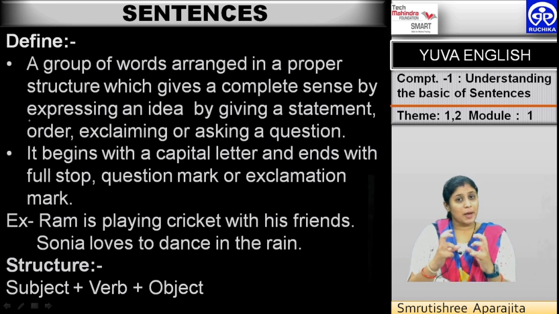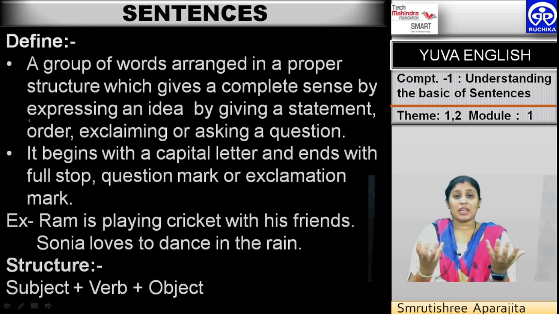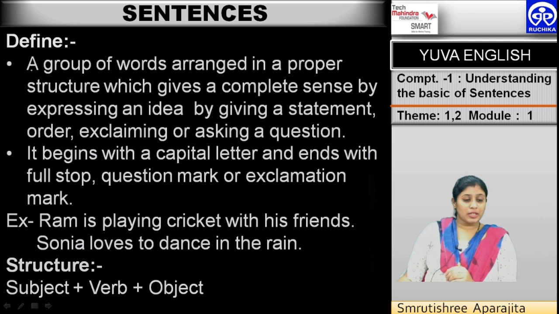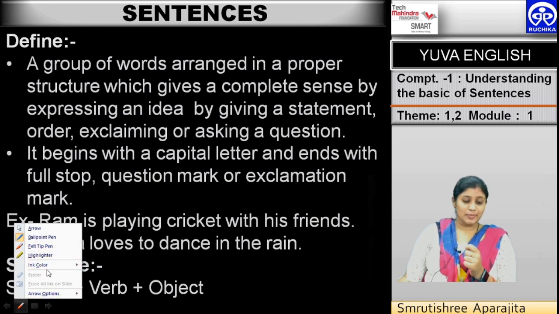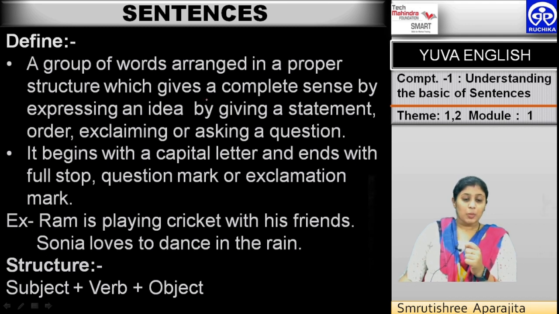When these words are put into a proper structure, which gives you a complete meaning, then that is known as a sentence. A group of words arranged in a proper structure which gives a complete sense is known as a sentence.